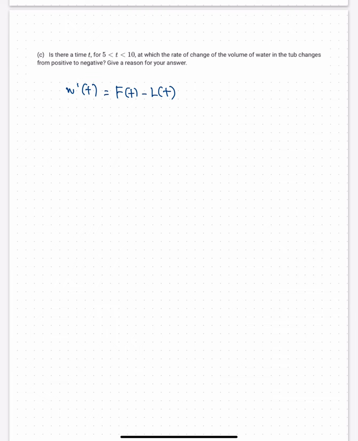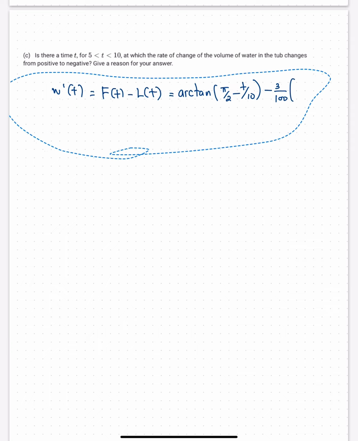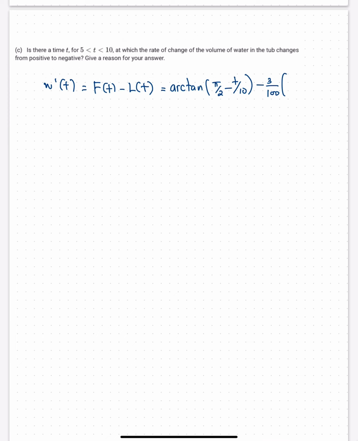And then that will be arc of 10 pi over 2 minus t over 10 and minus 3 over 100, which I can say is 20t minus t squared minus 75.